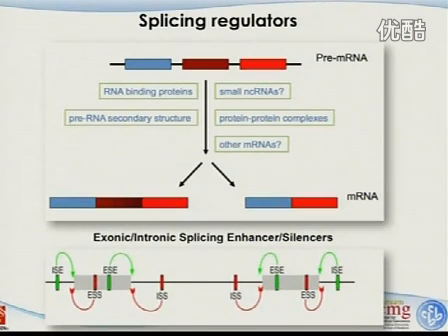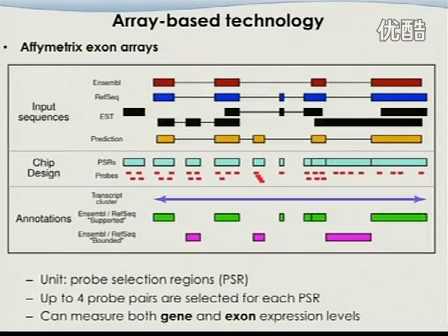Some of them promote splicing, others inhibit it. That's why you see ISE, ESE, ESS, ISS. Those stand for exonic or intronic splicing enhancers or silencers. The point here is that RNA binding proteins bind somewhere in the precursor mRNA and then regulate the splicing.